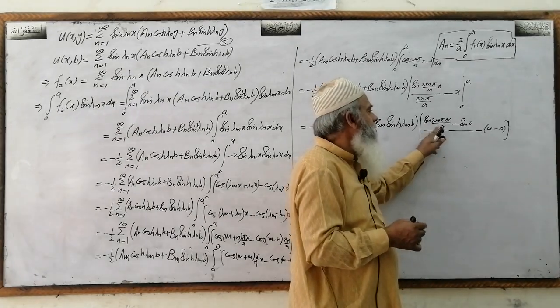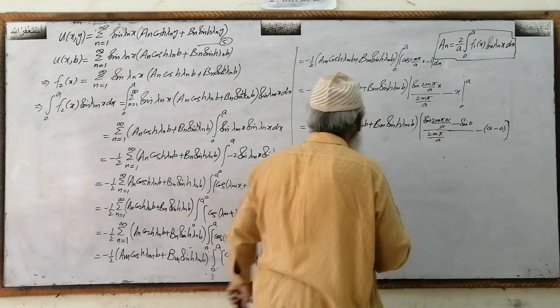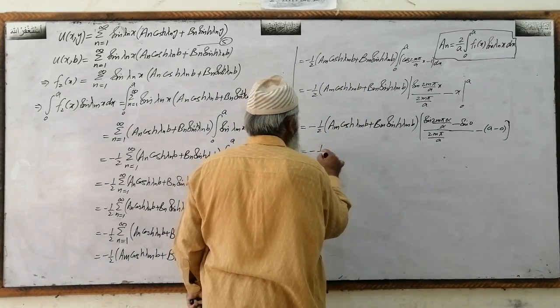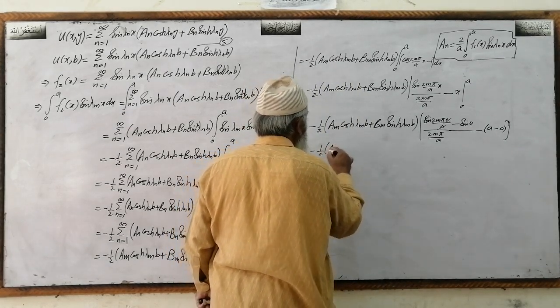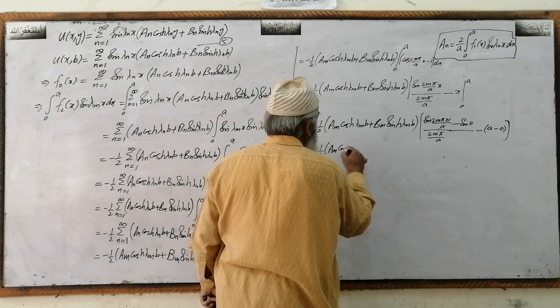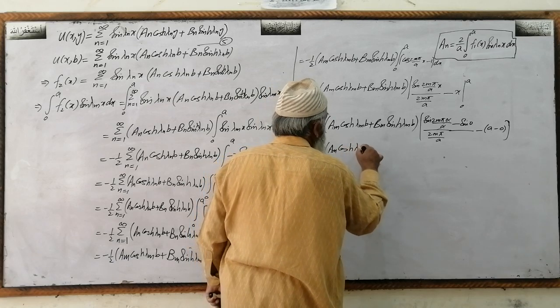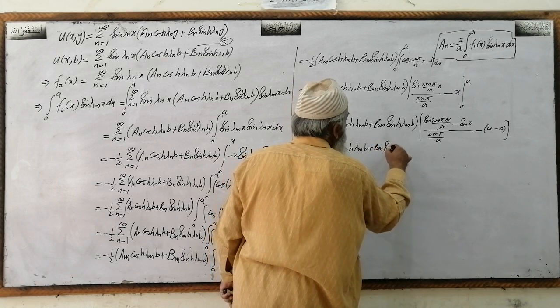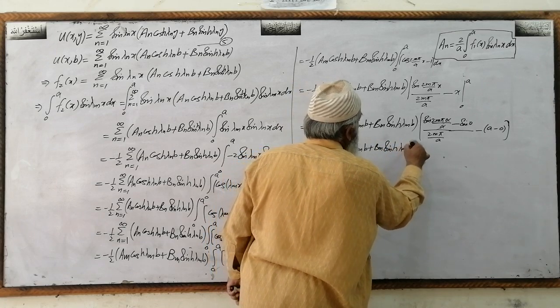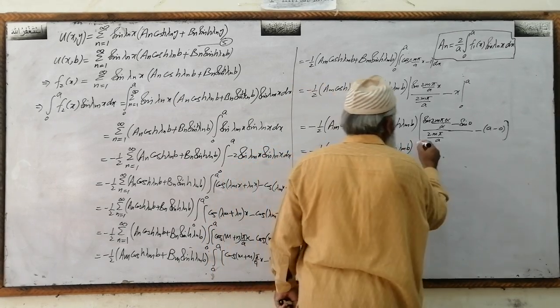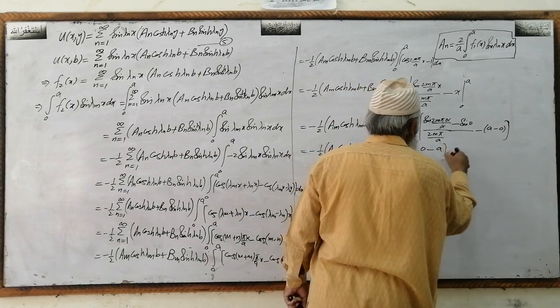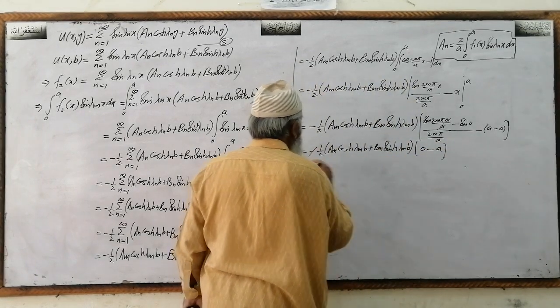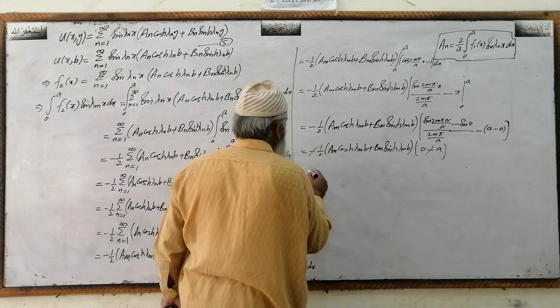Sin 2m pi is 0 and sin 0 is 0. What will happen here? Minus 1 by 2 a m cos hyperbolic lambda m b plus b m sin hyperbolic lambda m b, and this will be 0 minus a. Obviously this minus will be cancelled with this outside minus.